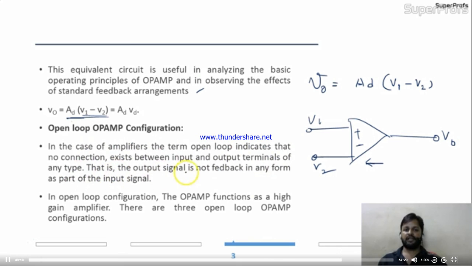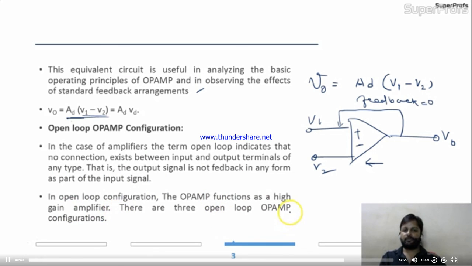That is, the output signal is not fed back in any form as a part of the input signal. There is no connection between output and input. So feedback is 0.